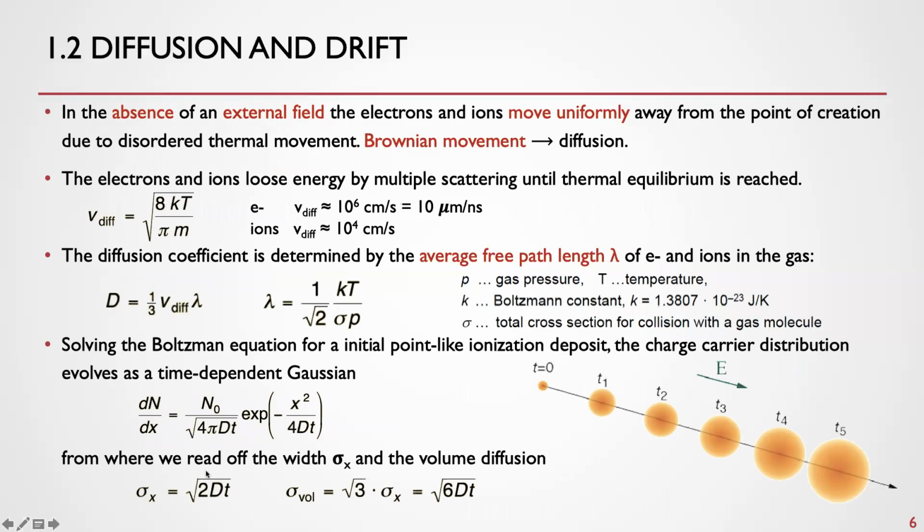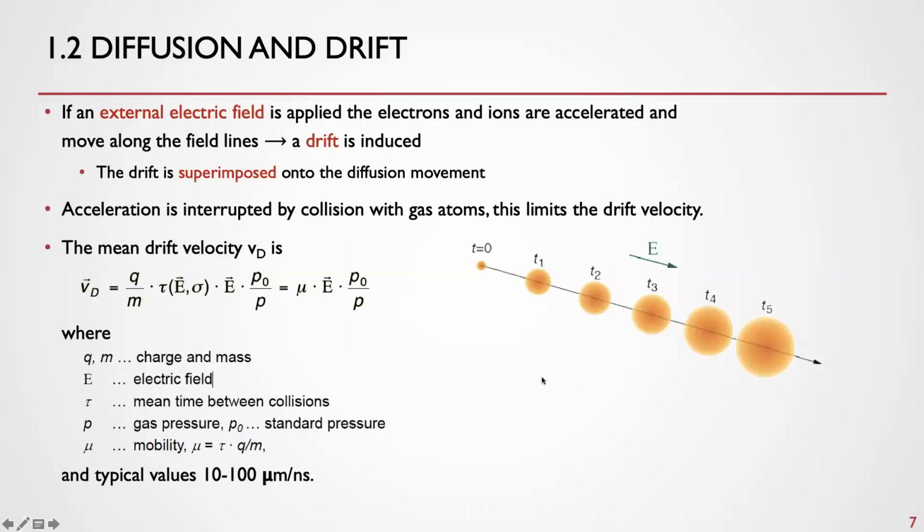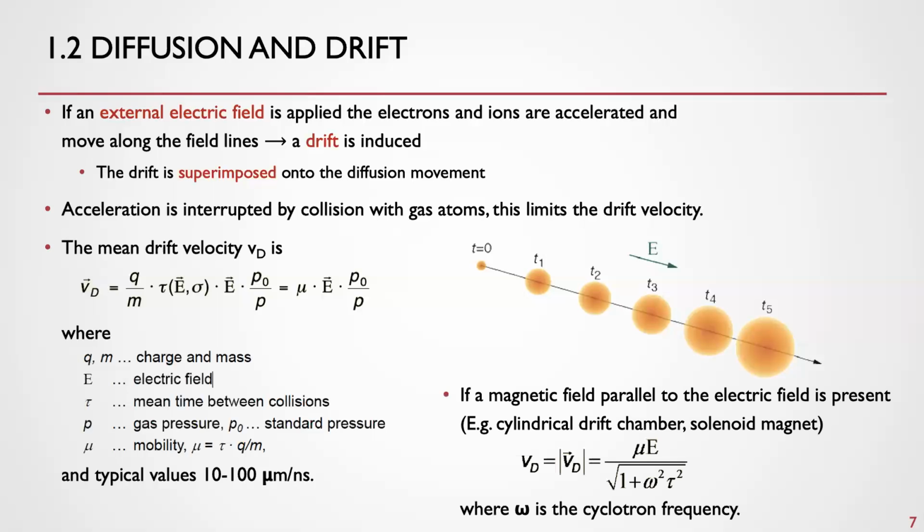However, it only enters with a square root in the evolution of the width of this initial deposit as a function of time. So once you've designed the detector, you design it around a certain pressure value, and at the last step, the pressure that the detector is operated with is optimized, as it can be adjusted without changing the detector geometry.